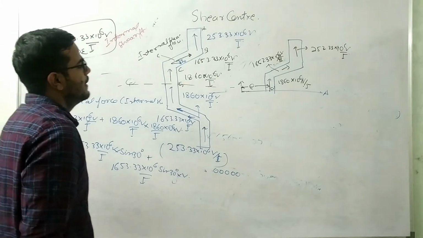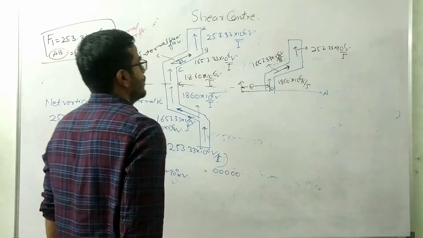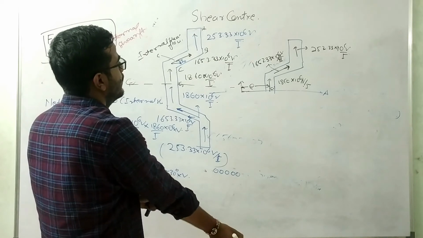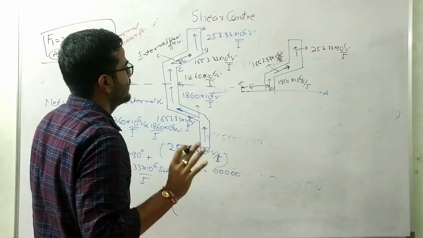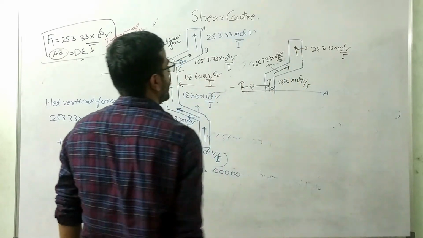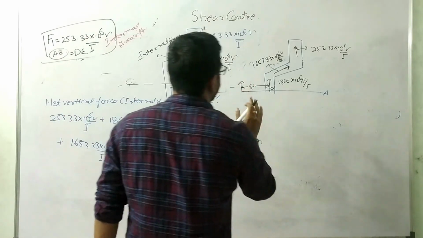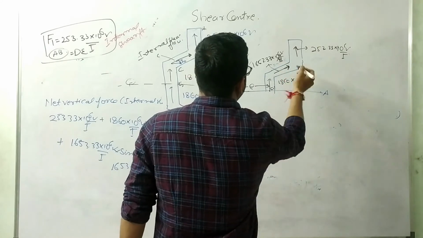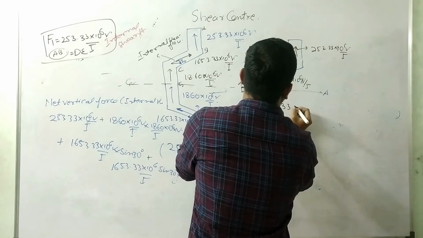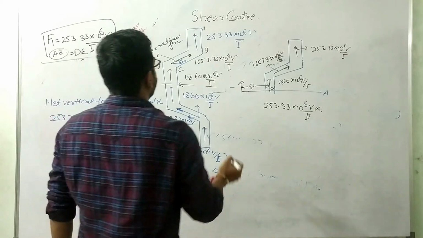Now I need to calculate where the resultant will act. First, I'm calculating the moment about this point O. The moment from this internal shear force will be 253.33 × 10^6 V over I into the distance.